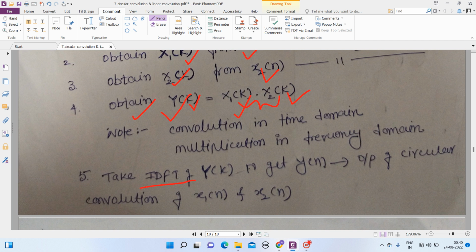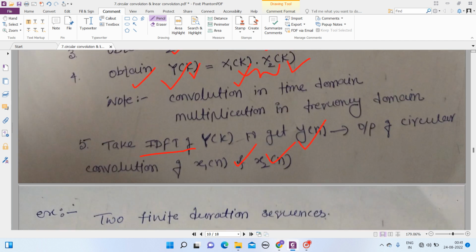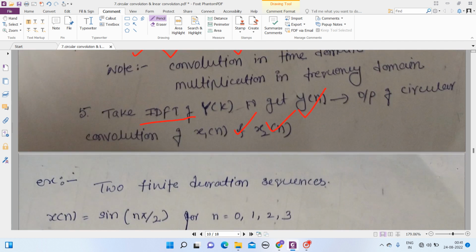So we have to apply the equation of IDFT, then we find the value of y of n. It is the convolution of x1 of n and x2 of n. So we will solve one problem, okay? Then we will understand the DFT and IDFT method of solving the convolution.